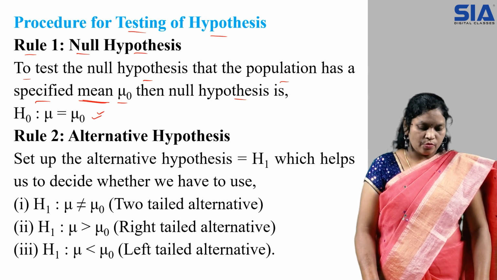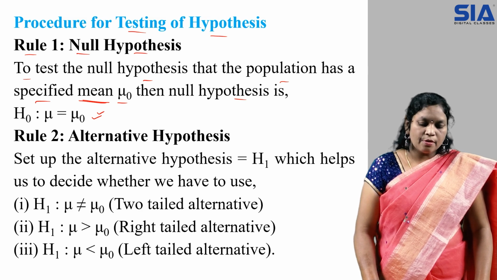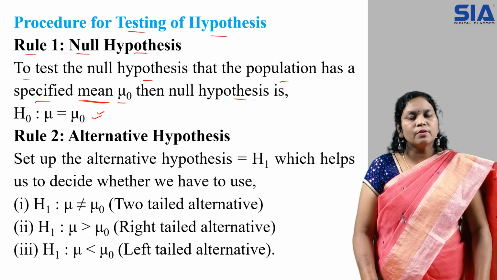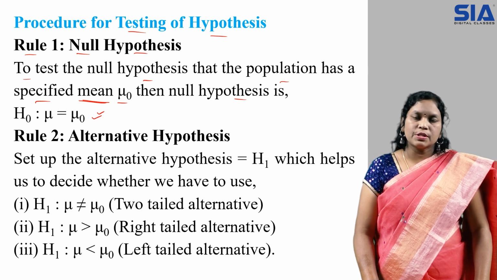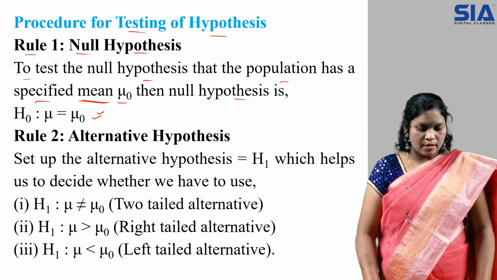So next let us go for writing the alternative hypothesis. As we learned earlier, it is opposite to the null hypothesis, or alternate to whatever null hypothesis we have specified. So let us check that out also.